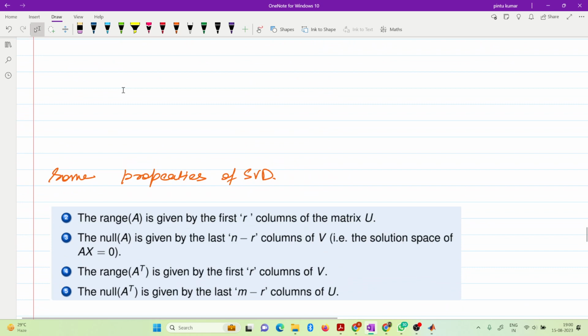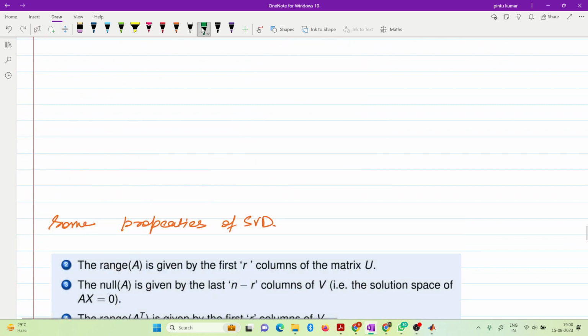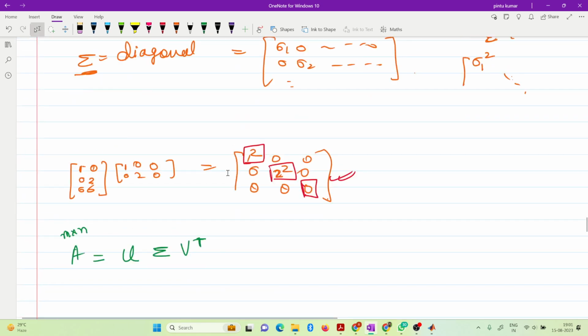Now just a recap for this singular value decomposition. If you have some matrix A, let's say n cross n, what you try to do is break it as U, sigma, and V transpose. Now what should be the size of U, sigma, and V transpose?